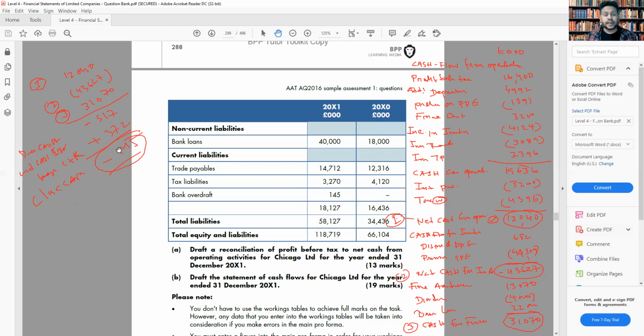One dividend that you paid will come under the financing activities. One dividend that you get from investing in a different company will come under the investing activities, but you subtract it from the operating activities. Then there could be depreciation and disposal of the PPE. So there are some adjustments that could give you stress in the exam.